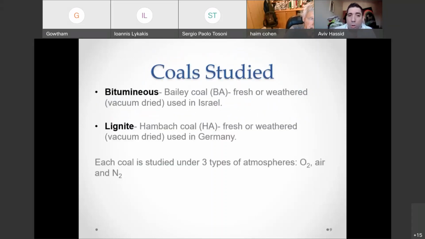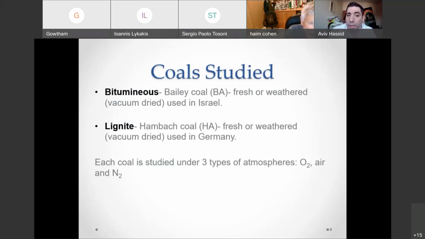Now, the coals we studied are the bituminous Bailey coal, fresh and weathered, treated, and the lignite Hambach coal, fresh and treated, used in Israel and Germany respectively.